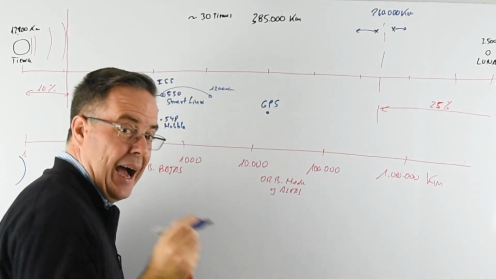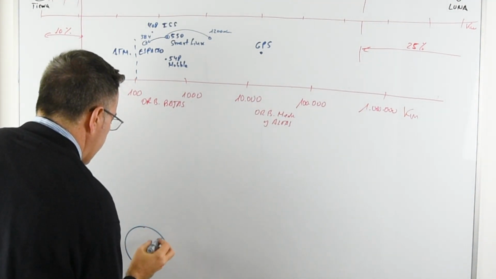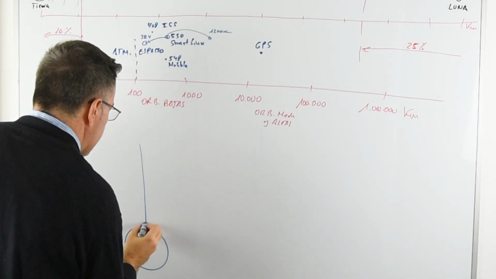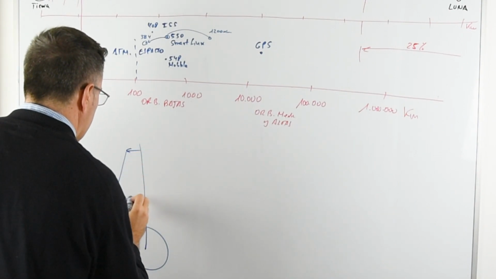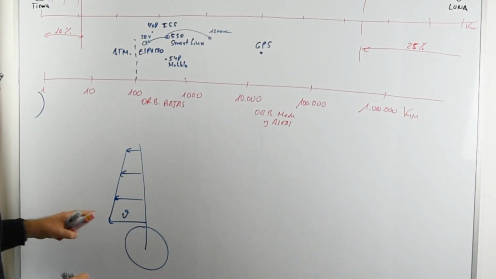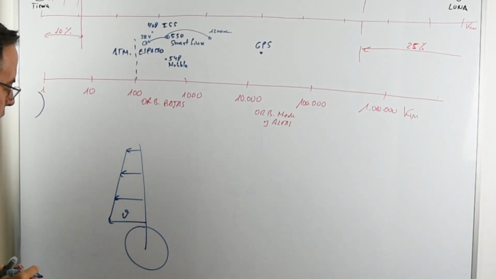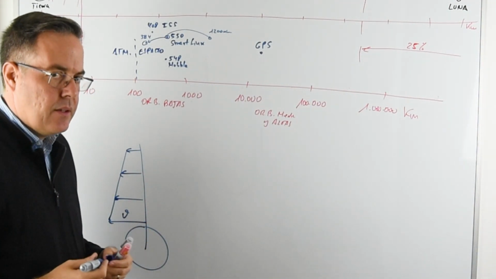First, I have to remind you of one important concept in order to follow the video. If the height is small, if we are near the Earth, we have to orbit faster than if we are farther.